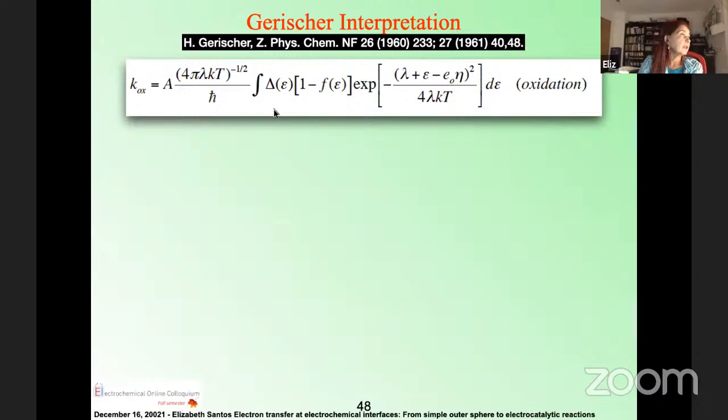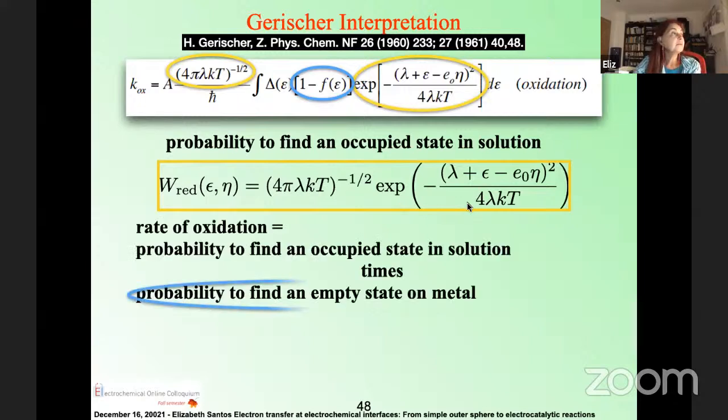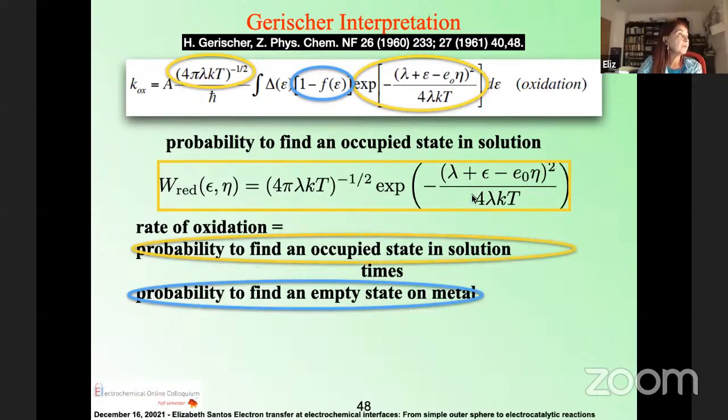Gerischer had the idea that we can separate the expression for the rate constant into a term that he called the probability to find an occupied state in the solution, which has the form you see here, something like a Gaussian function. The product of this probability with the Fermi-Dirac distribution gives us this rate constant.